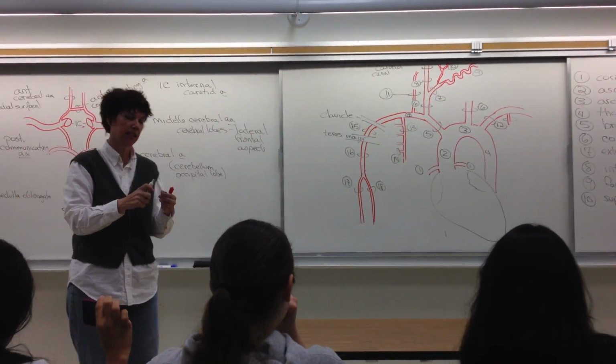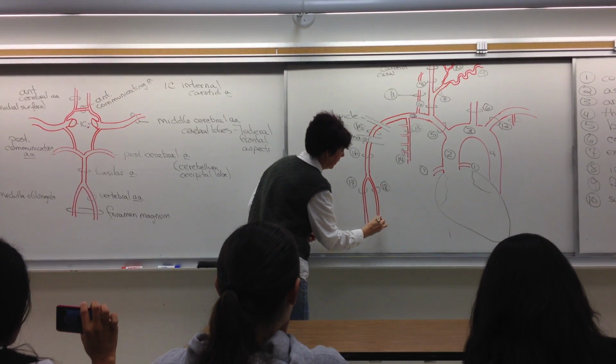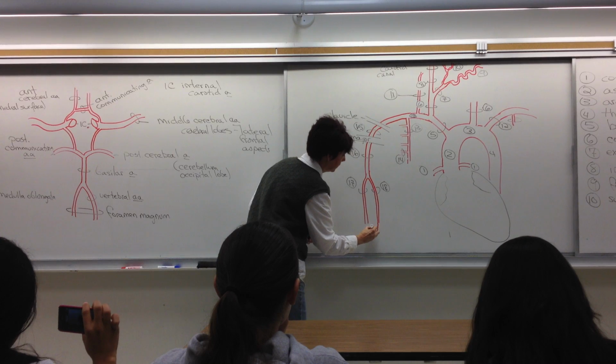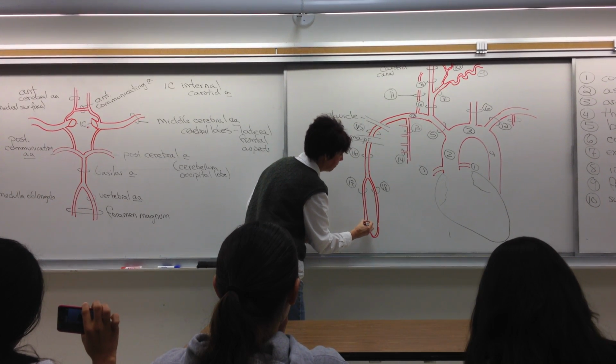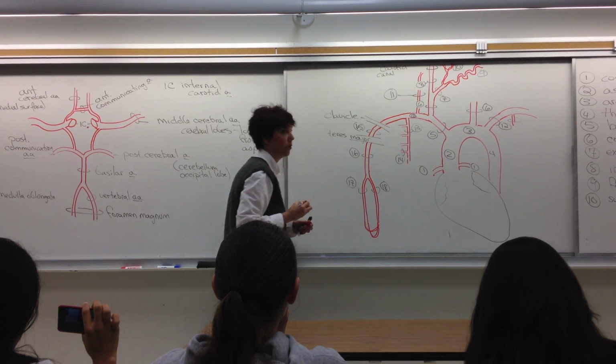In the hand, a major portion of the ulnar artery branches over and joins with the radial artery, and a major portion of the radial artery branches over and joins with the ulnar.